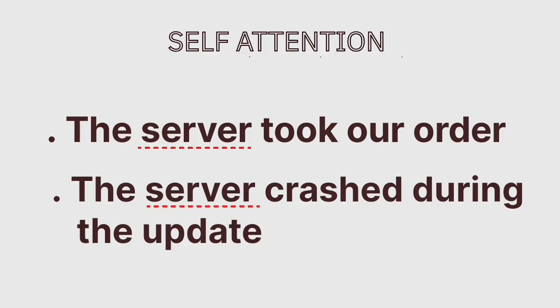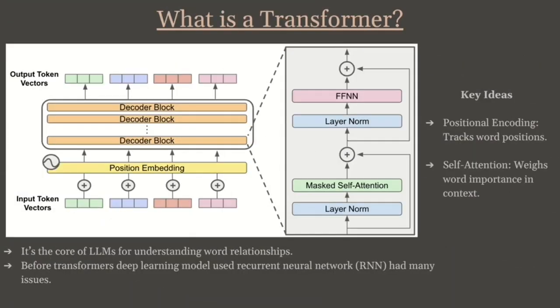By focusing on nearby words like order or crashed, the model figures out the correct meaning and builds a better understanding of the whole sentence. And after all the self-attention process, the transformer generates output token vectors, which are then used for the next steps like generating text or answering questions. So in short, that's what happens inside a transformer.